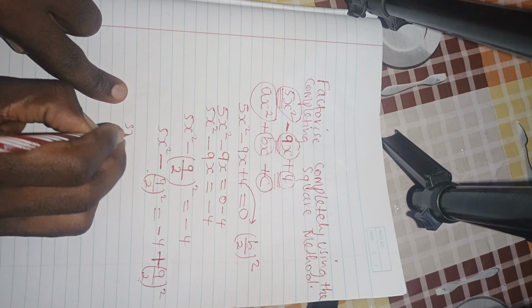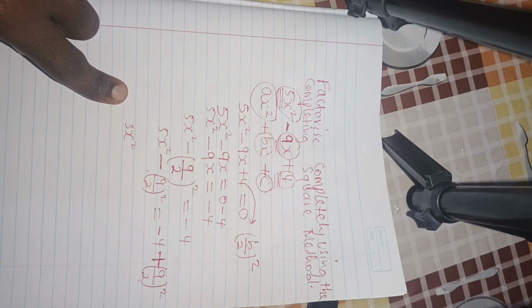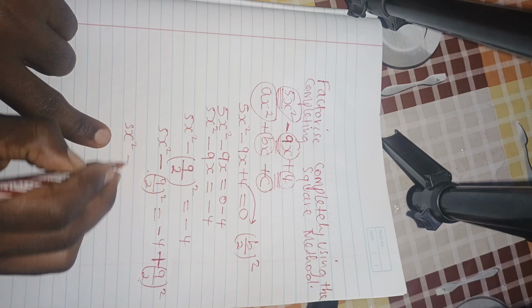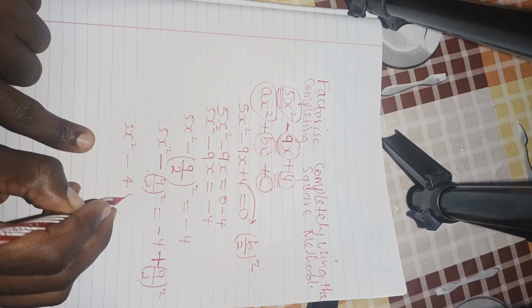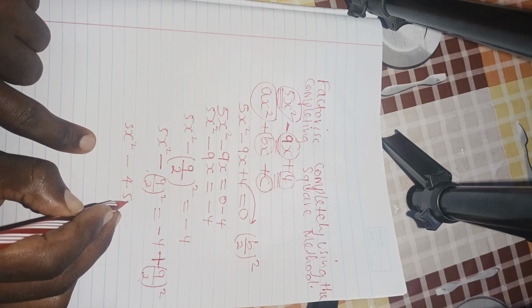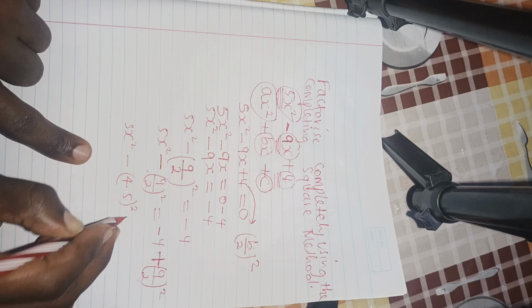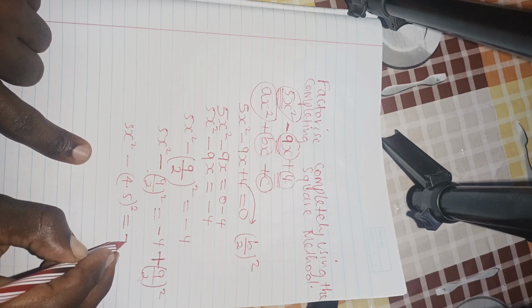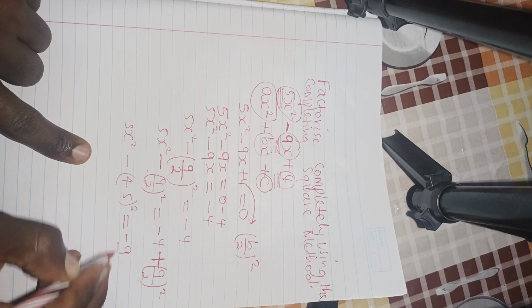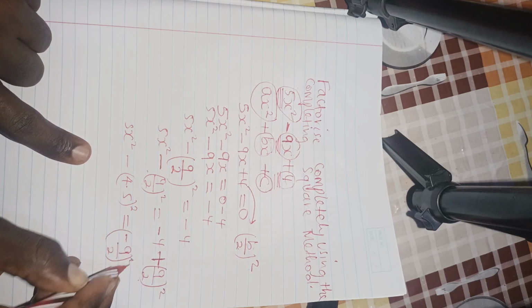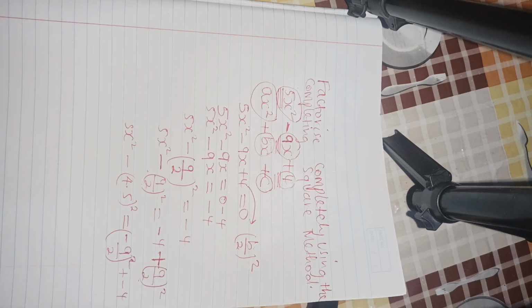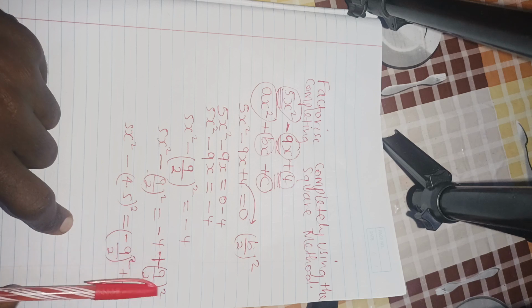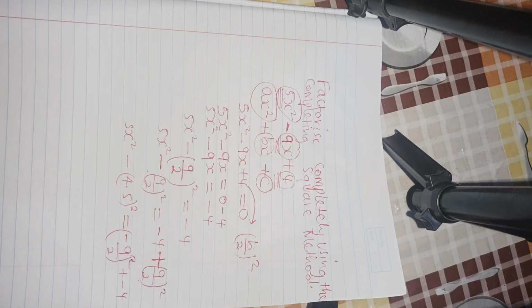So this translates into 5x minus 4.5, then you square, that should be equal to minus 9 over 2 squared plus negative 4. Nothing has actually happened. I've just rearranged this part.